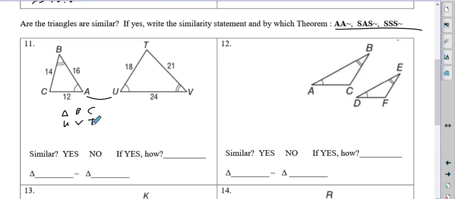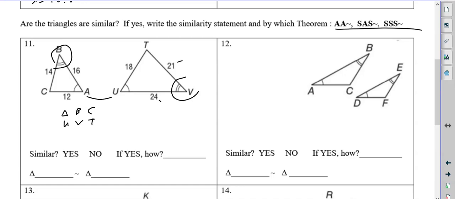Okay? Now, what do we have? We have this angle right here and this angle right here, and we have two sides on either side of it. Okay? Now, technically, we already have the answer of AA similarity, but let's pretend that we did not have two angles and we only had one.